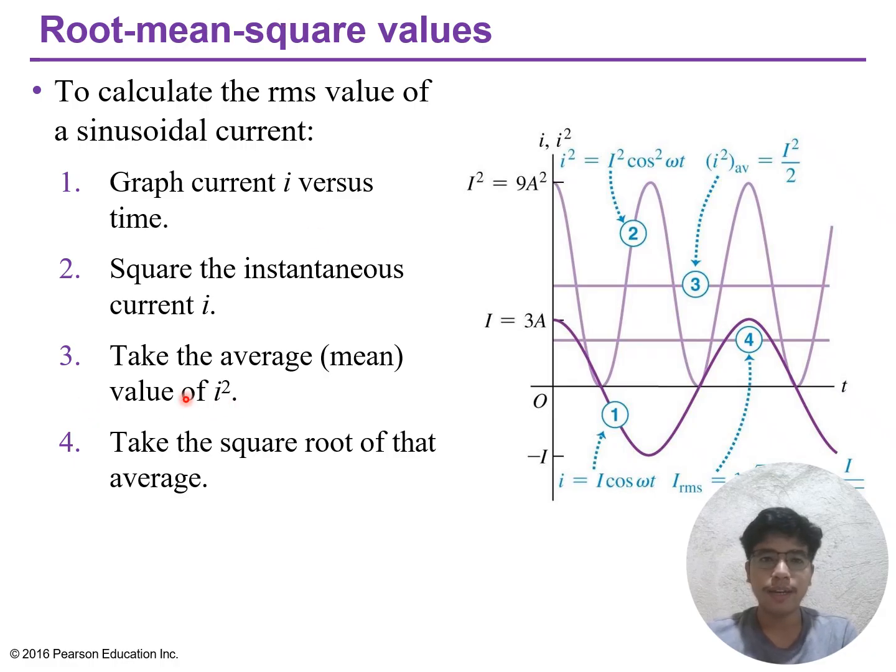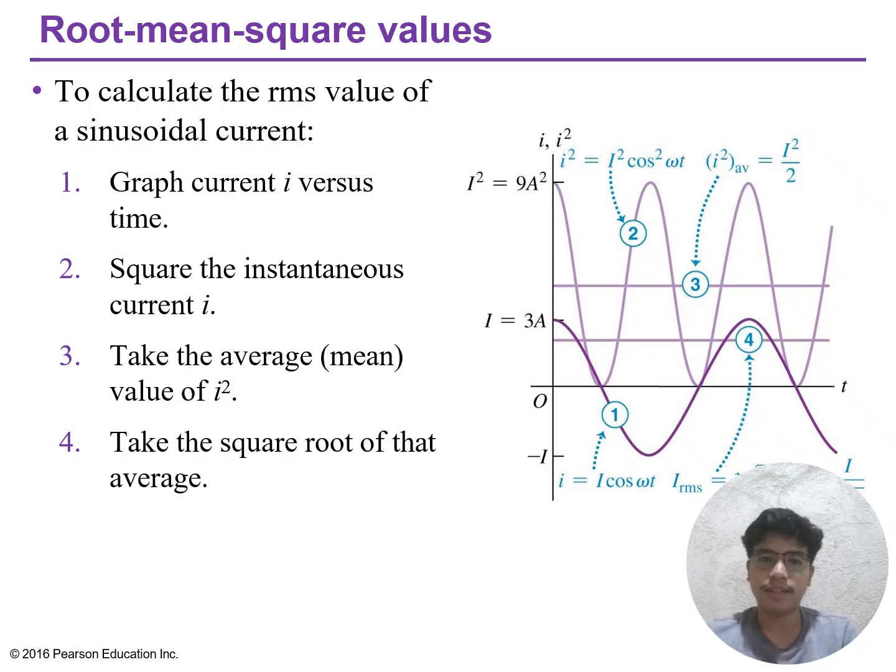Third, we calculate the average or mean value of I squared over one complete cycle, denoted by the angle brackets enclosing I squared, which removes the time dependence and gives us a single number. Finally, we take the square root of this average value to get the RMS current, written with a subscript RMS, which has units of amperes.